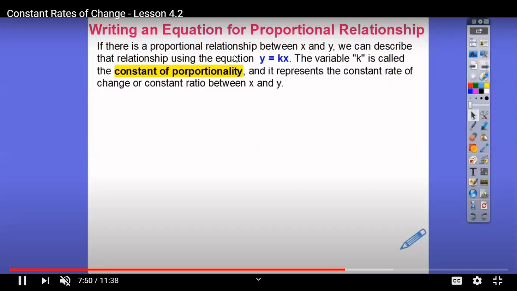If there is a proportional relationship between x and y, we can describe the relation using the equation y equals kx. The variable k is called the constant of proportionality, and it represents the constant rate of change or constant ratio between x and y.